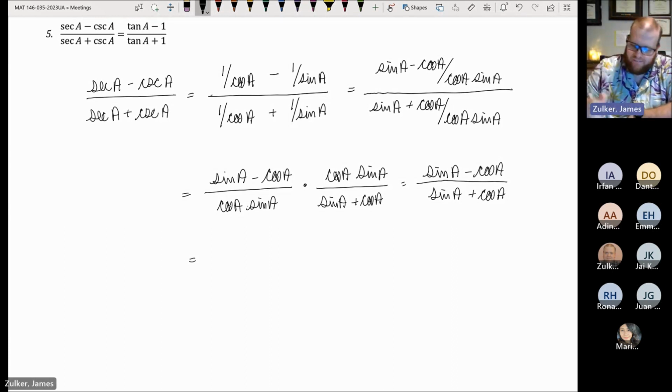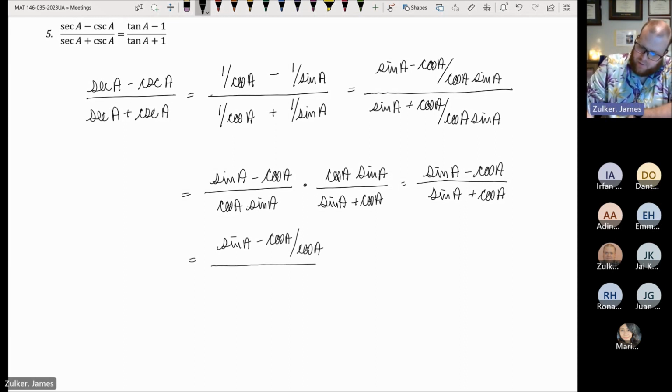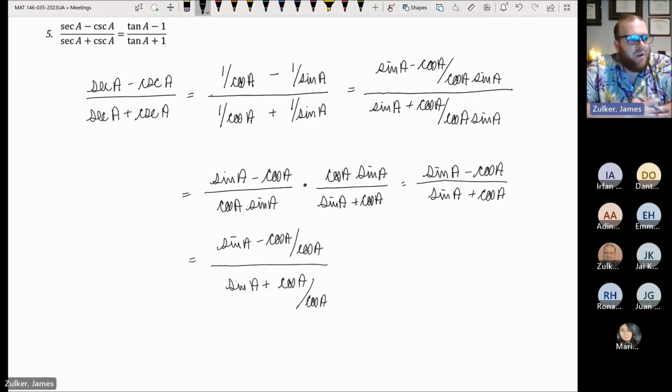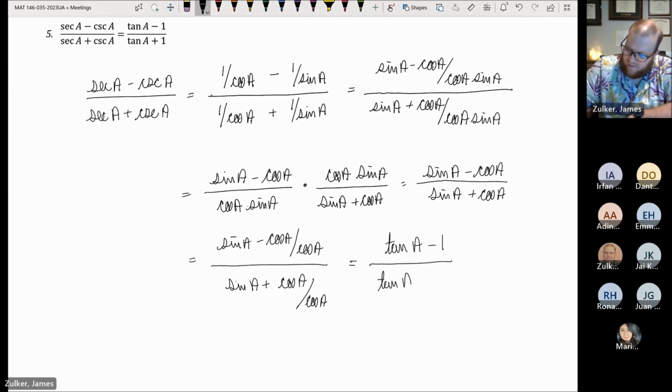Multiply the numerator and the denominator by 1 over cosine of A. Or in other words, just divide every single term by cosine of A. Sine over cosine is tangent.